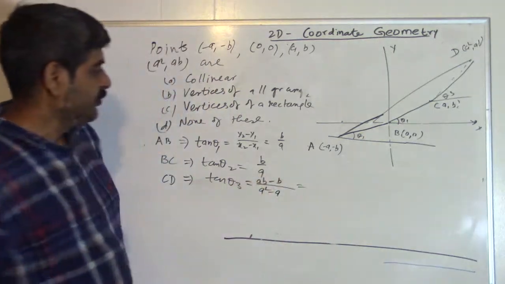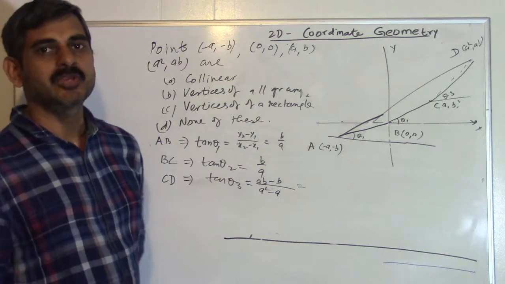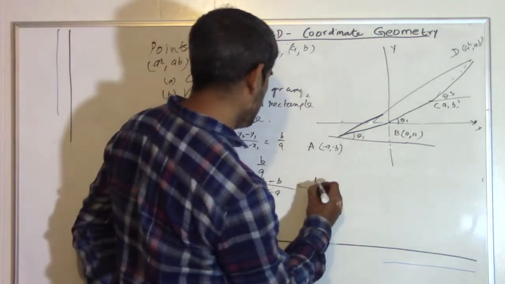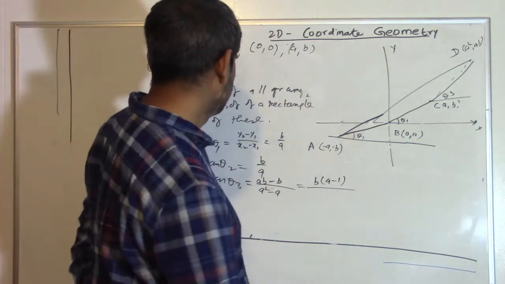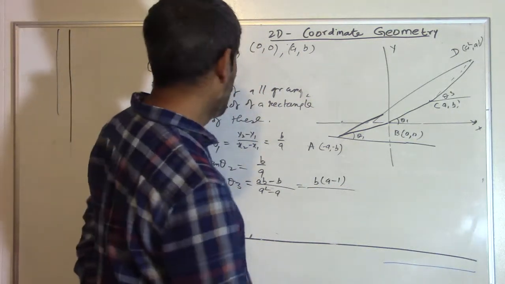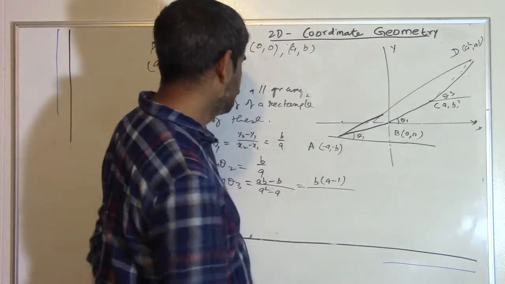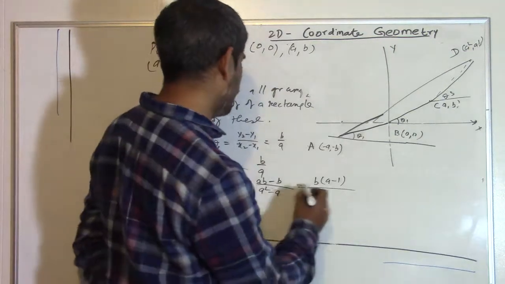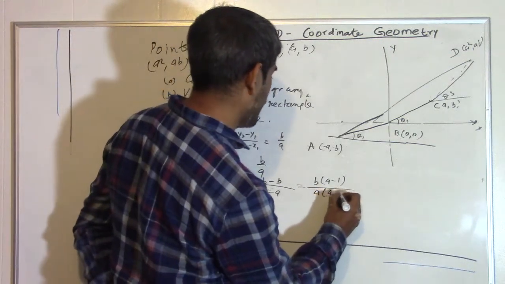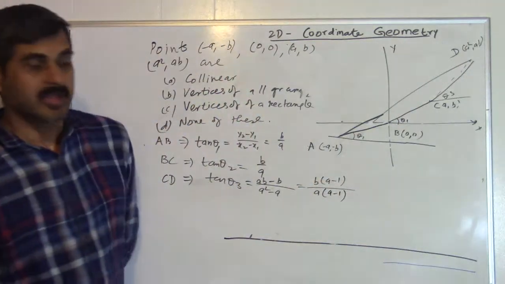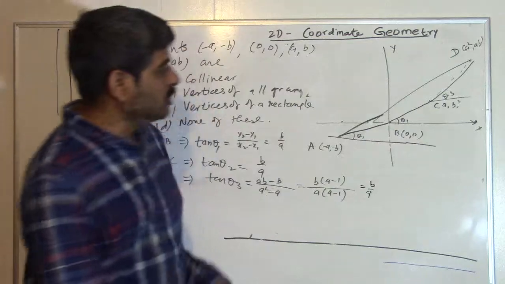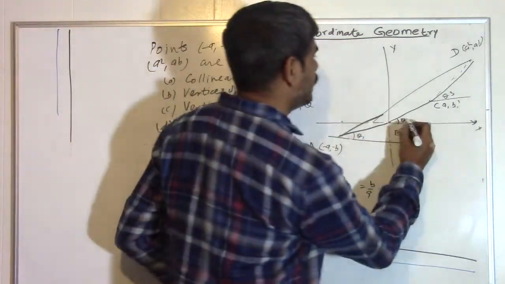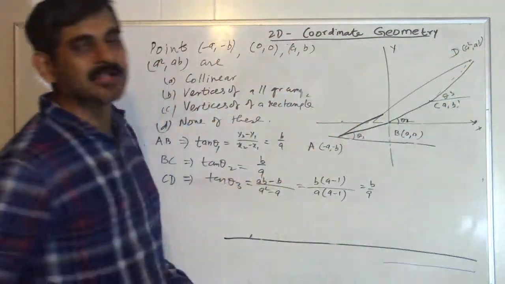And from here, on the top, we can take b as common, b into a minus 1, and on the bottom we have a common, a into a minus 1. A minus 1 cancels out, we have b by a. So this angle is also the same: theta 1, theta 2, theta 3, all angles are the same.